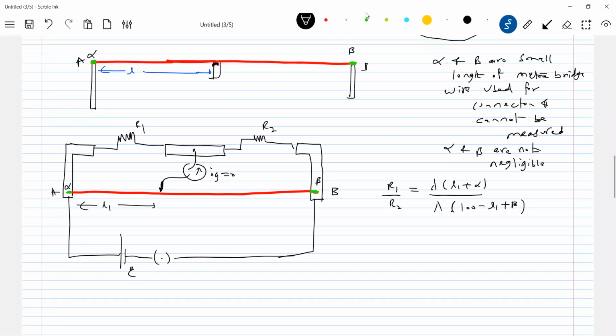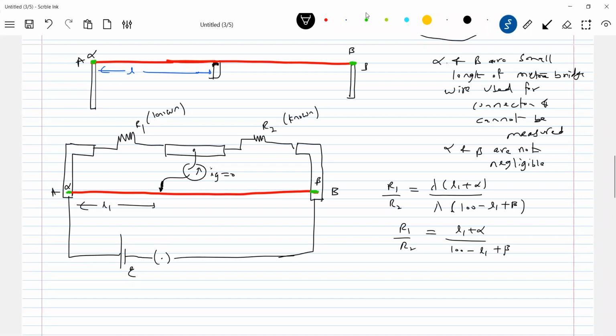So this is what I'll get. R1 by R2, R1 and R2 are known. So this will become L1 plus alpha over 100 minus L1 plus beta.